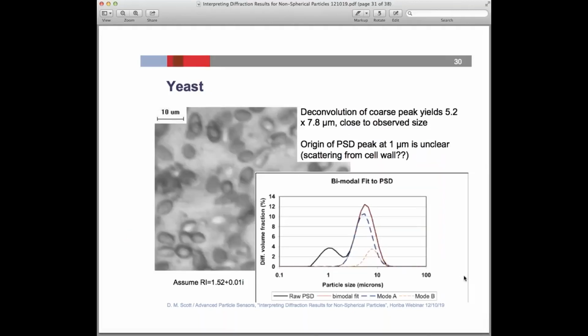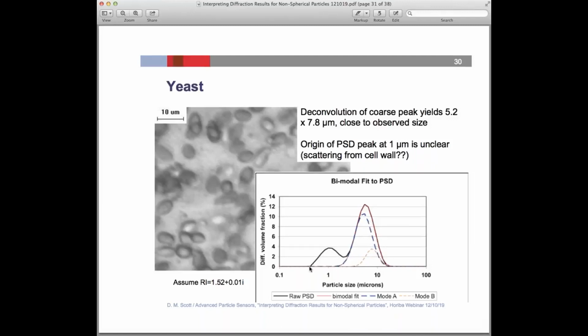Yeast gives a very interesting result in that, once again, the actual yeast particle itself maybe is not quite elongated enough to give us a good solid bimodal distribution, but by golly, we can fit something to it, and we get this result, and it's close to the observed value. But the thing that's really interesting about this result is there was also this other peak out here.